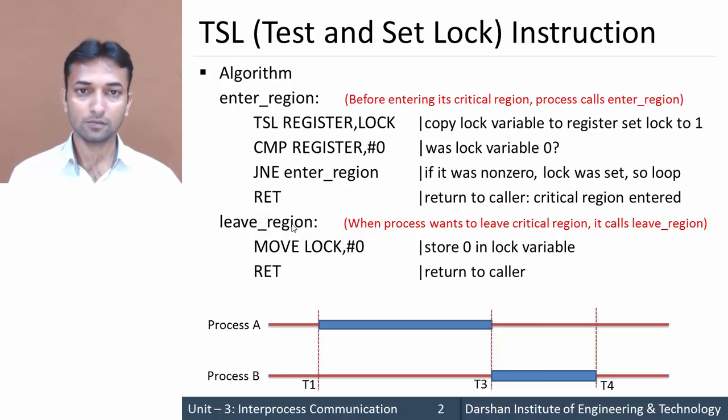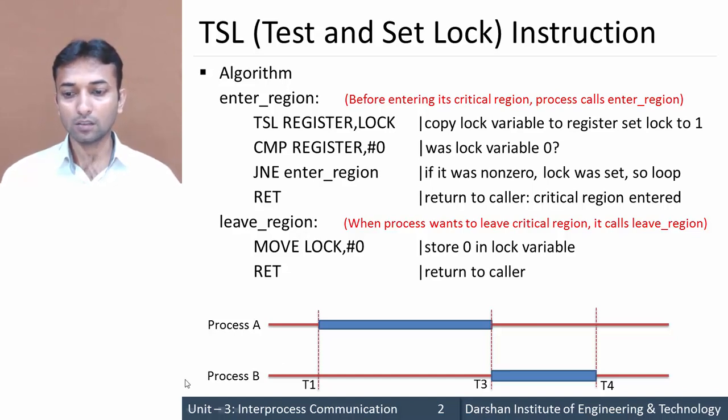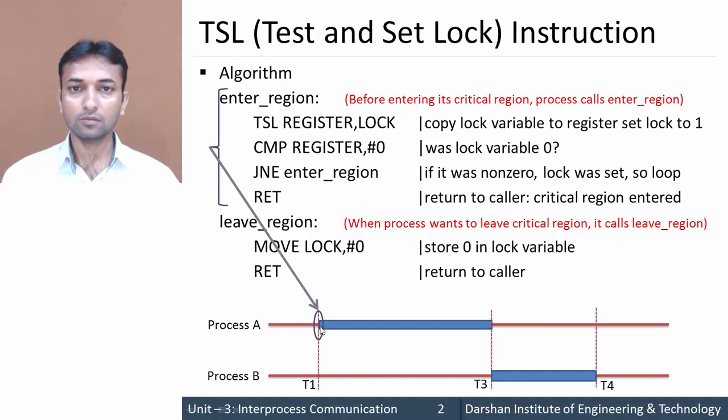the critical section. So if we consider here process A, then this enter_region is called by process A at time t1, because this process A wants to enter its critical section at time t1. So before entering its critical section, this process A calls the enter_region function.